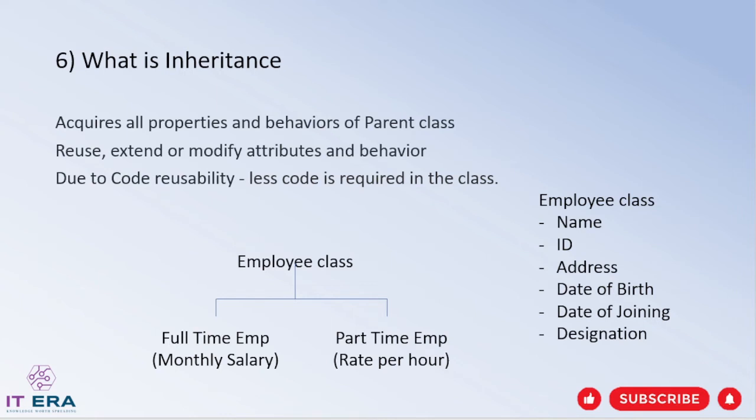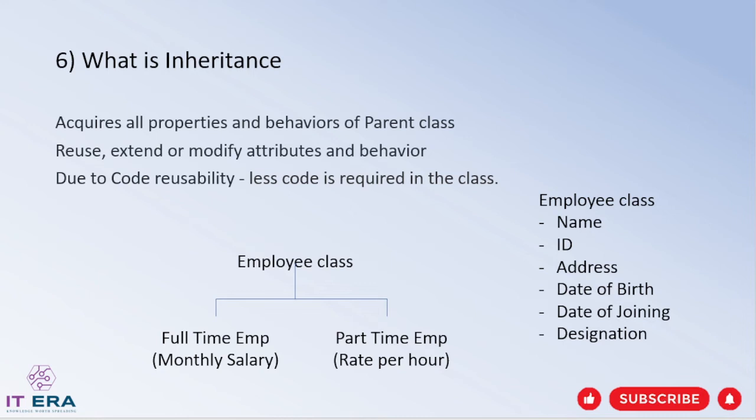For example, if we have two types of employee, full-time employee and part-time employee, and both have common fields such as name, ID, address, date of birth, date of joining, designation, and also uncommon fields such as salary calculation method, where a full-time employee has a monthly salary and a part-time employee has a rate per hour.